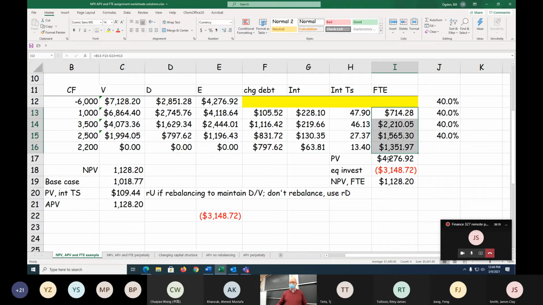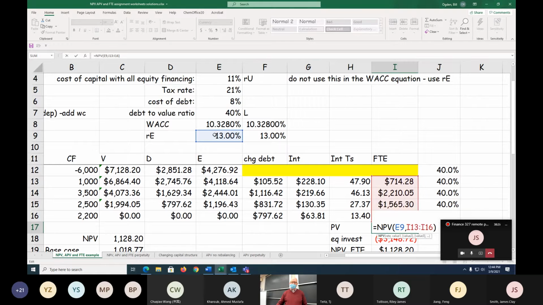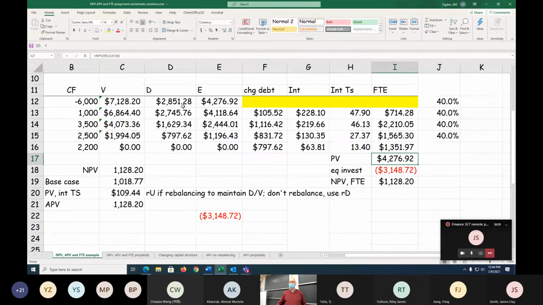Discounting these at the cost of equity, not RU, the cost of equity, 13%. And notice, if you do this right, this number and this number are the same, aren't they? If you do it correctly. Okay, then we take out the equity investment.